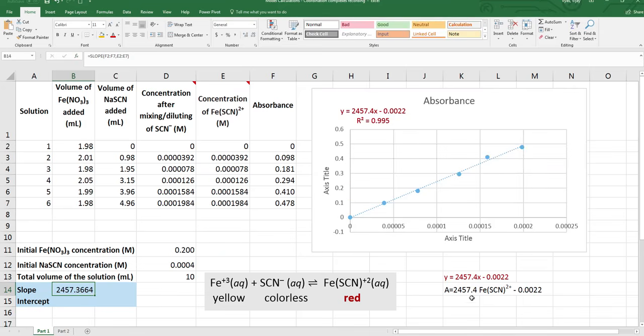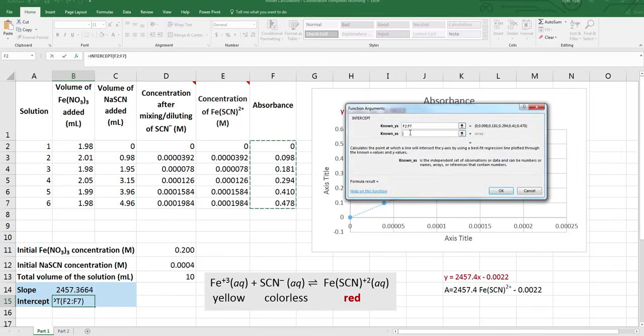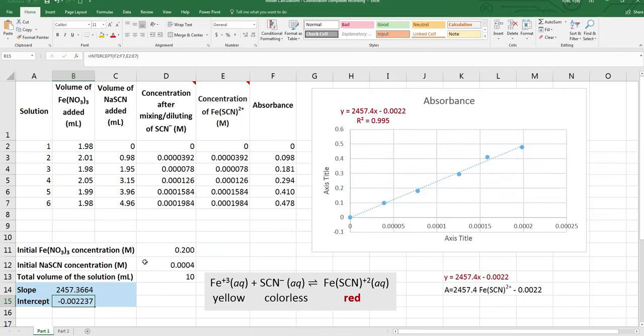And that gives you the same slope that you have calculated here. Similarly, you can use the intercept function, equals intercept, double click, known y's and known x values. All right, so that gives you your intercept.